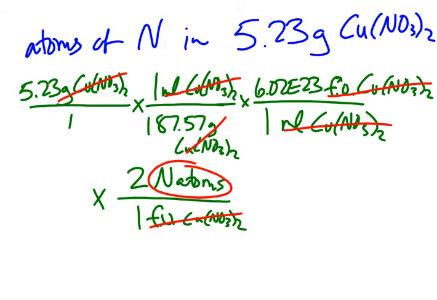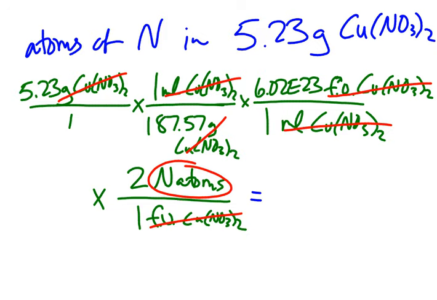So I do my math, and I end up with 6.02 times 10 to the 23rd times 5.23 times 2, and I'm going to divide that by 187.57. My final answer, first of all, I'm thinking about this. Now, the more steps you have, the harder it is to do your little double check, but it's still possible, right?